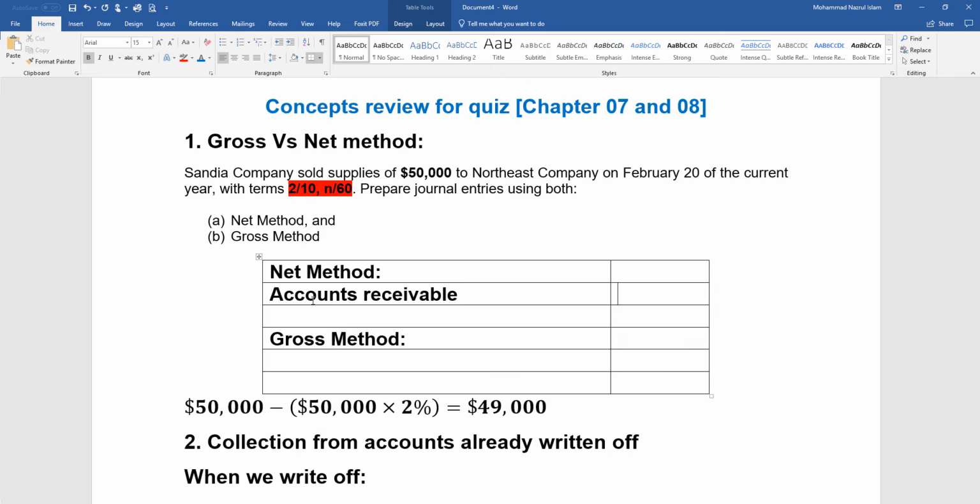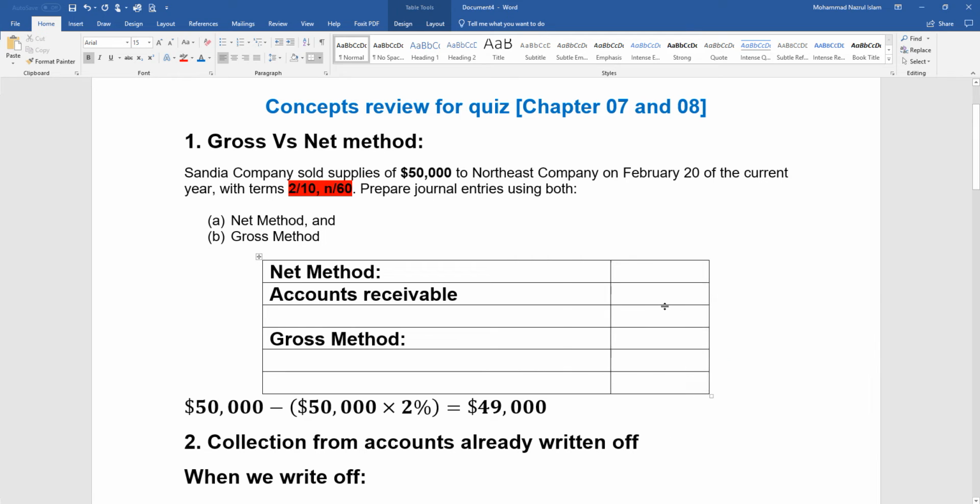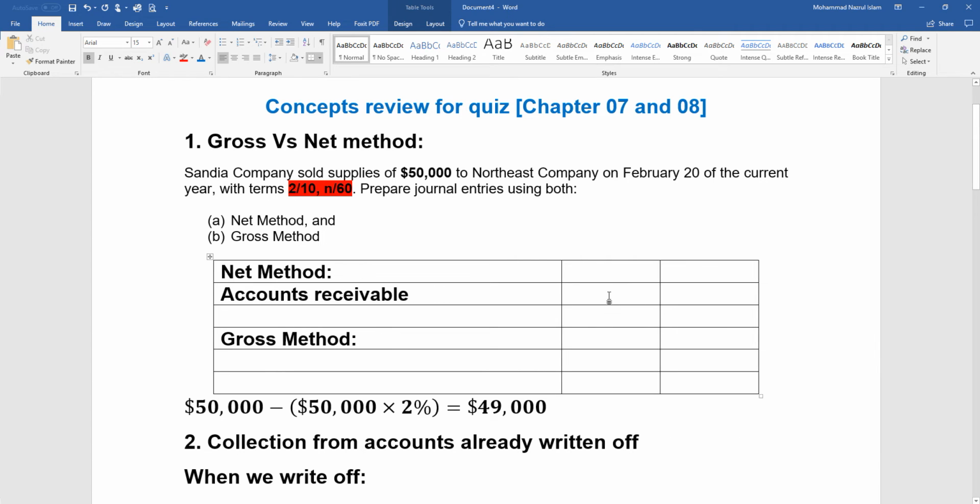So we'll be recording accounts receivable. Let's insert another column. It will be 49,000 accounts receivable debit and sales credit. You can also write sales revenue.